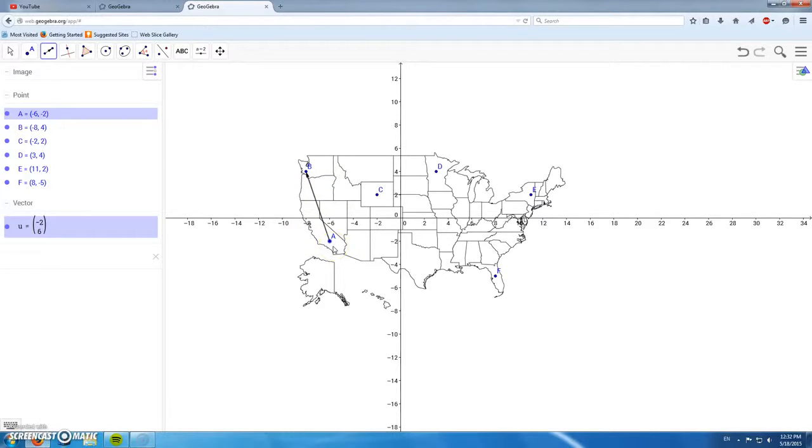Now, there are also two components to a vector, which are its vertical component and horizontal component. The horizontal component is the change in position on the x-axis, as you can see, and the vertical component is the change in position on the y-axis.